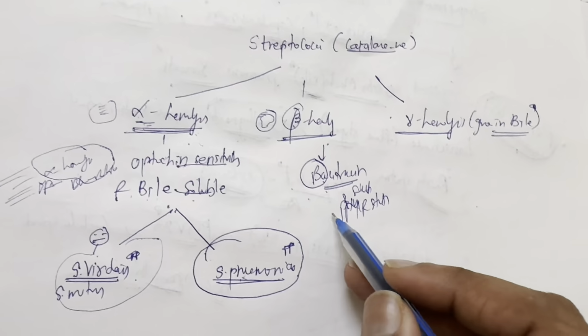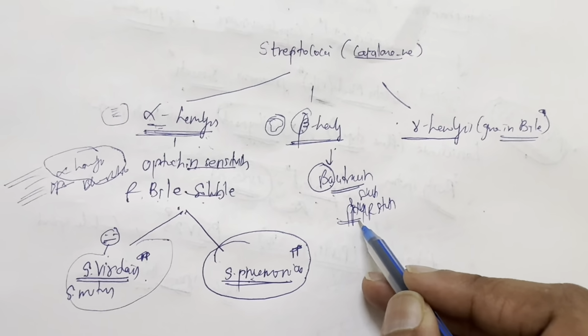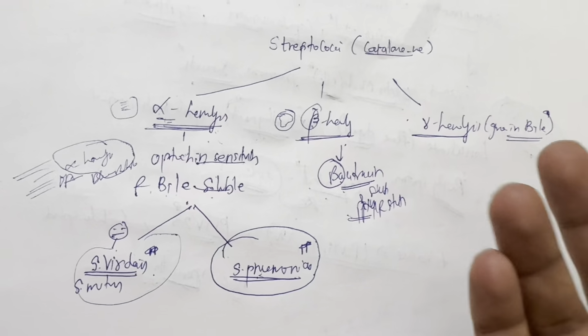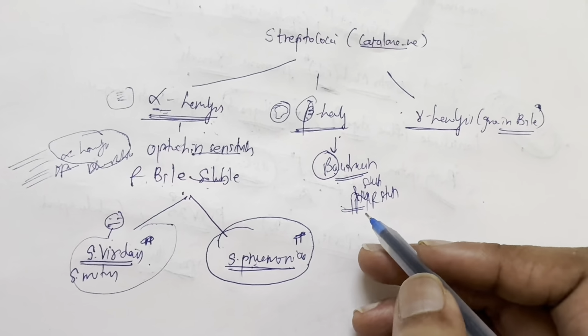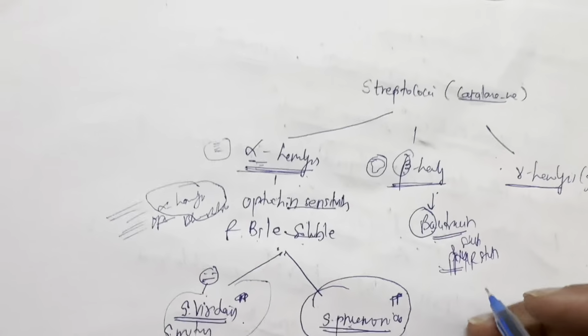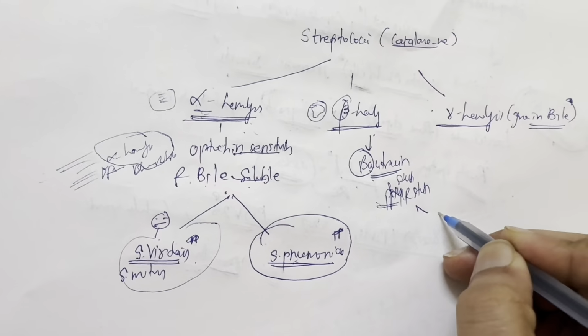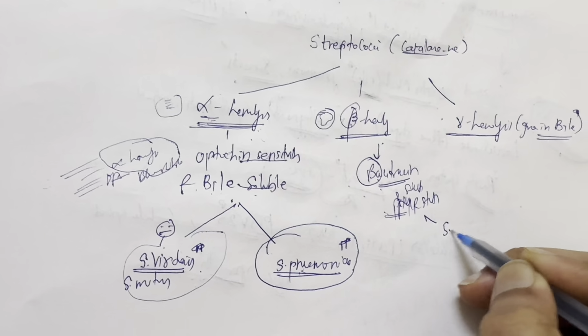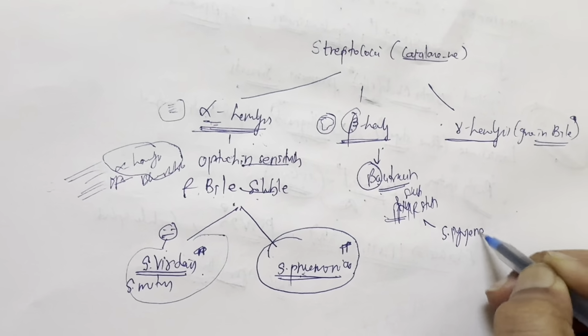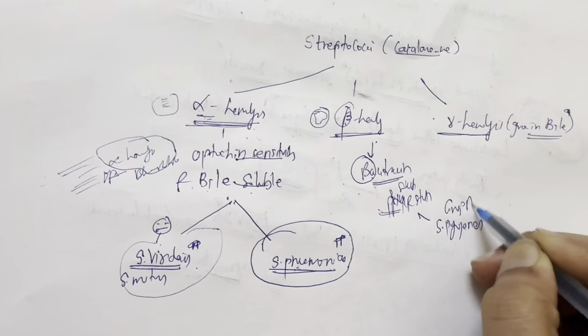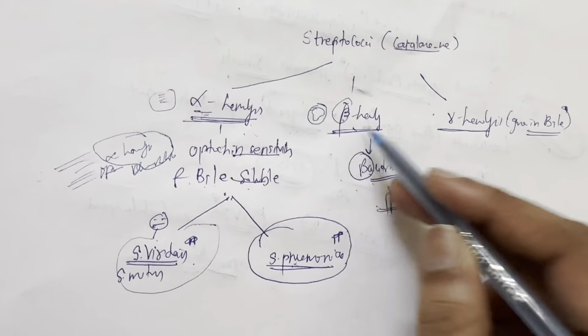Now PYR is an enzyme test that is useful for differentiating between organisms. That's why you use this enzyme. The organisms which are bacitracin sensitive are Strep pyogenes. These are group A organisms of beta hemolysis.